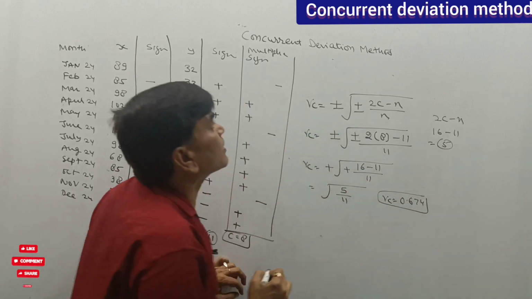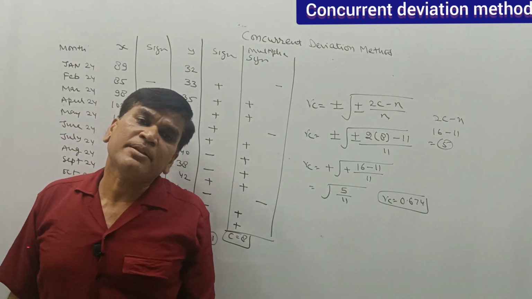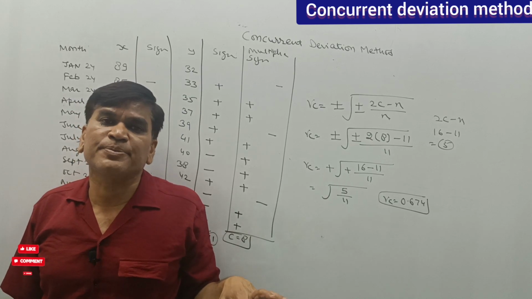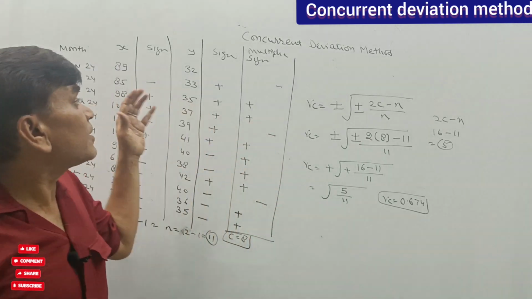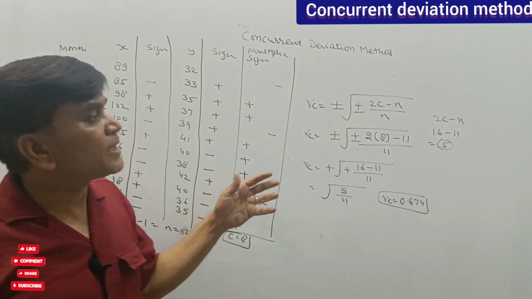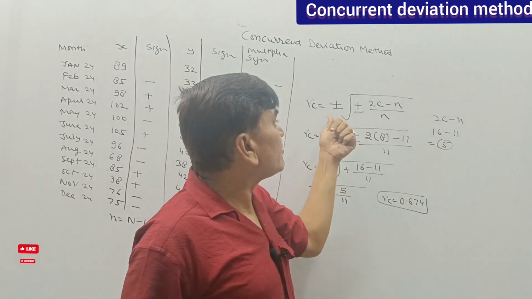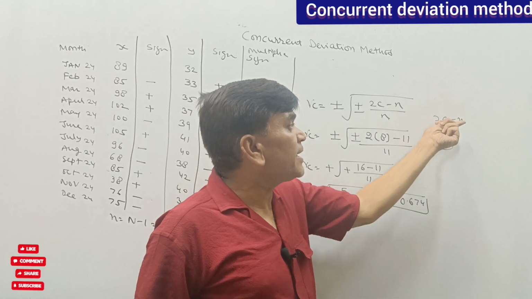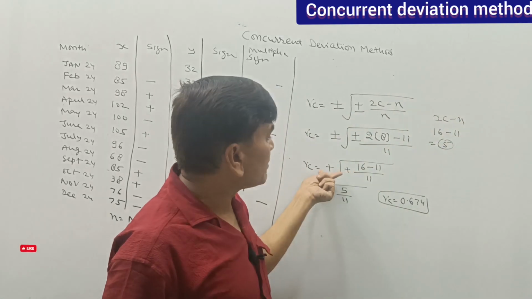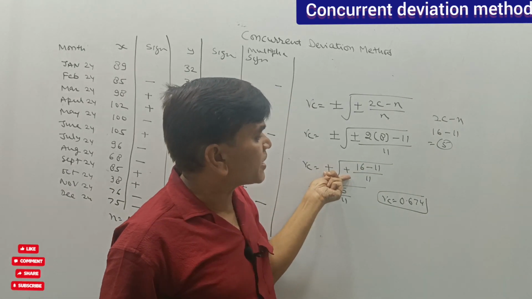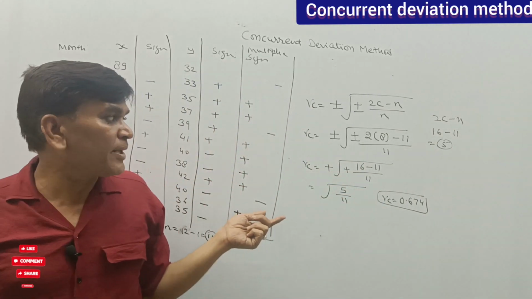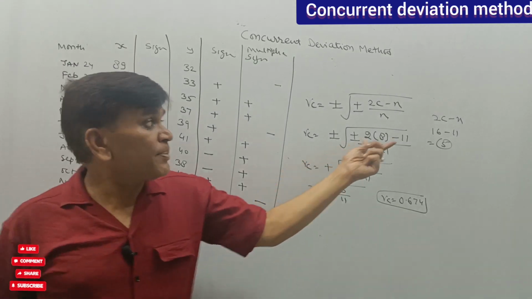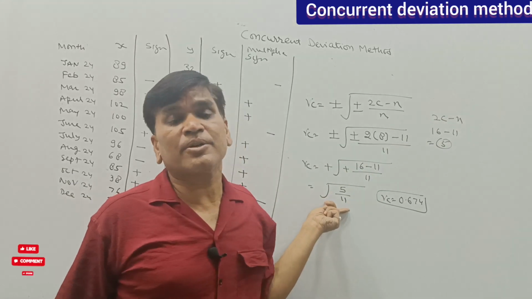With the help of the concurrent deviation method, when we want to know only whether the correlation is positive or negative, we use this method. It is a very easy method. If 2c minus n is negative, then we use the negative sign and the correlation will be negative.